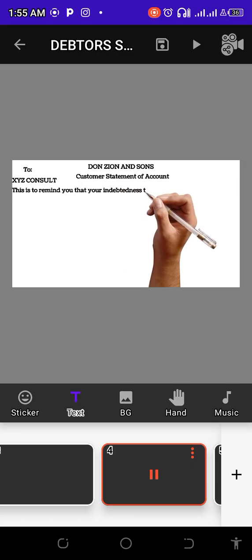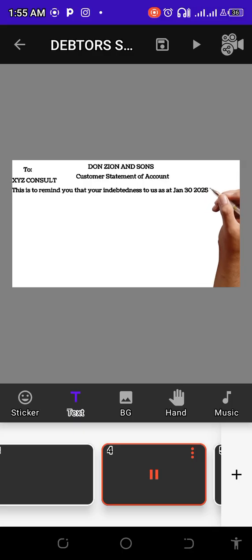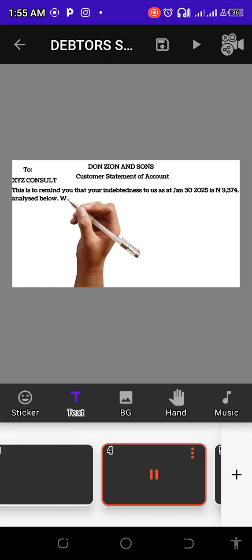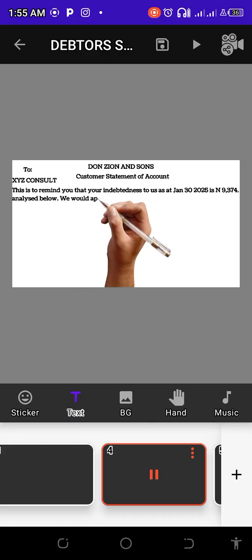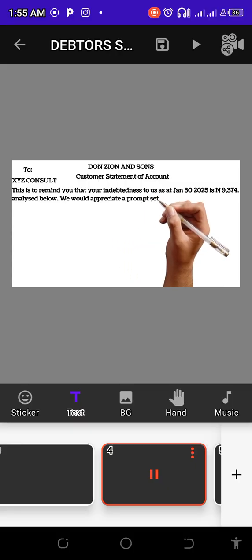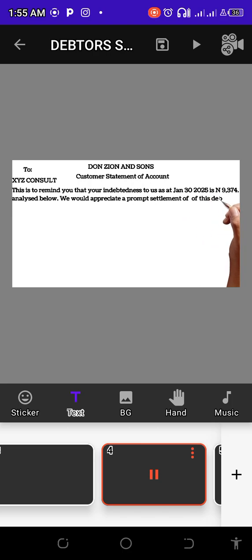And this is the written notes. This is to remind you that your indebtedness to us as at January 30, 2025 is 9,374 as analyzed below. The analysis is what we are going to do now.